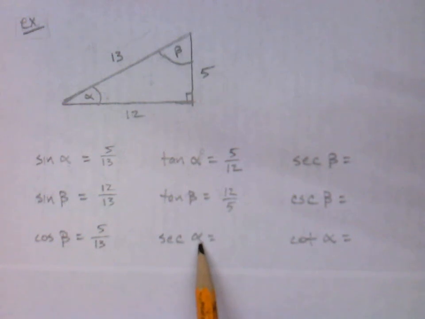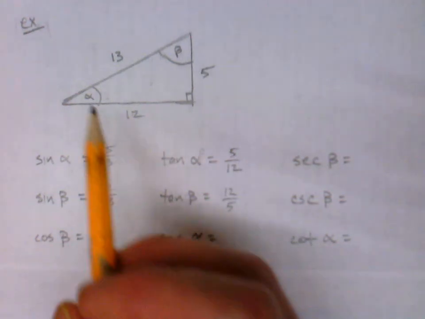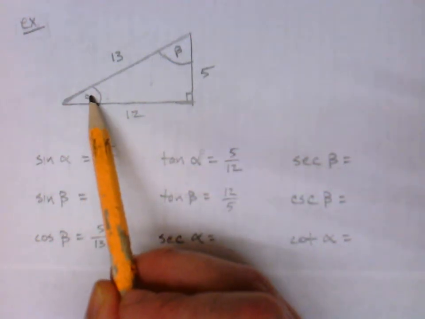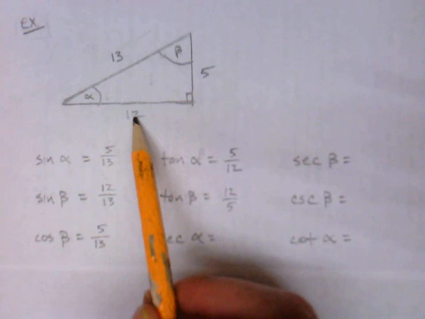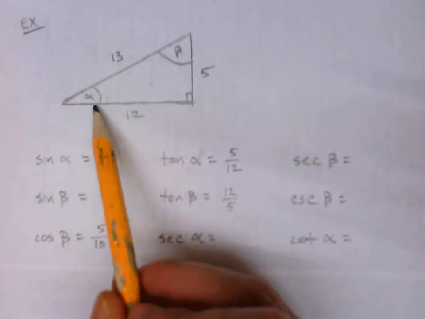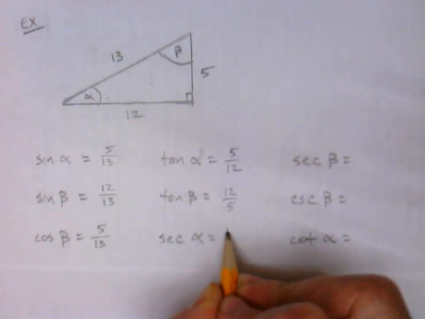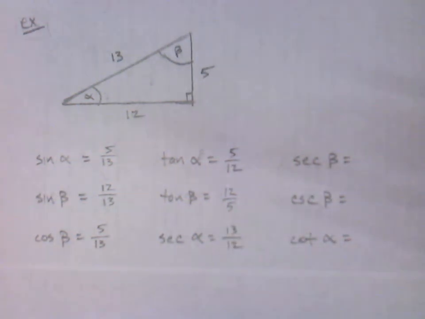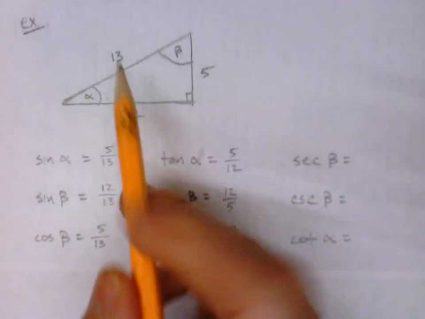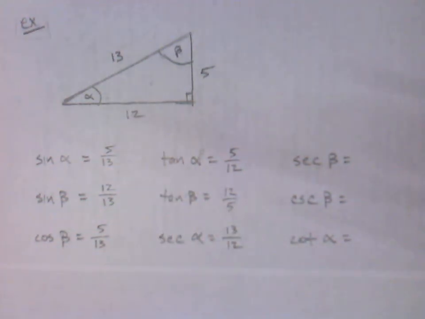Okay, this is interesting. Secant is the reciprocal of cosine. So if we look at alpha, cosine would be adjacent over hypotenuse. So the secant is hypotenuse over adjacent. In this case, 13 over 12.